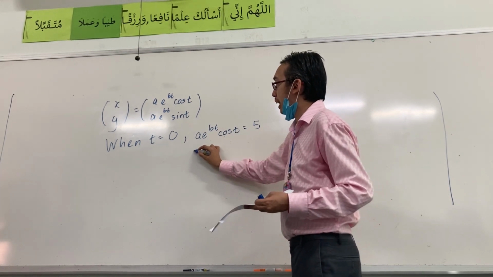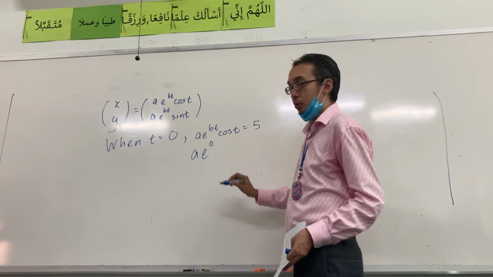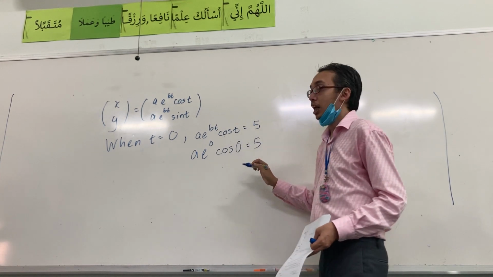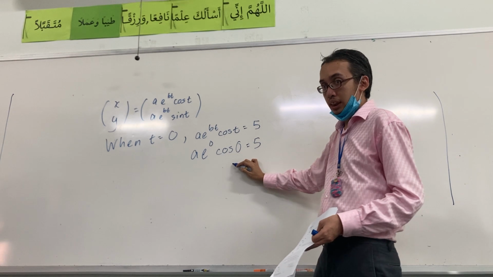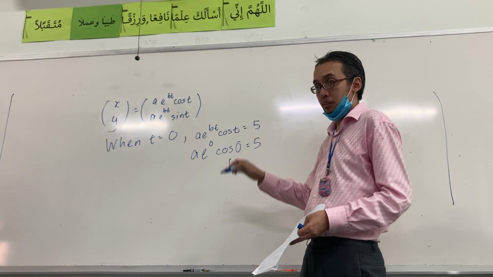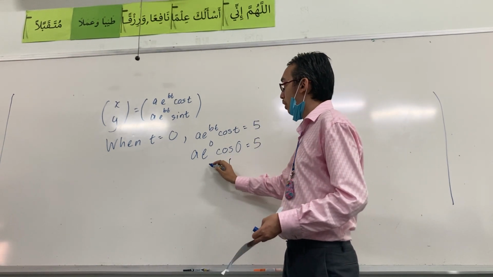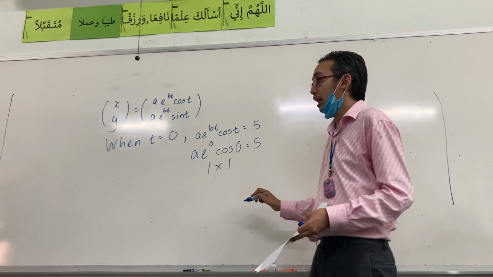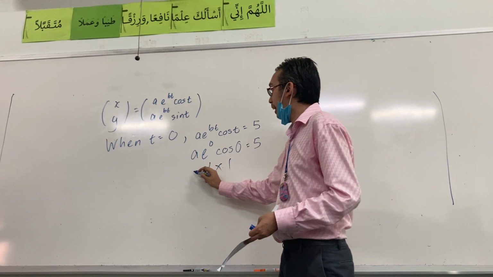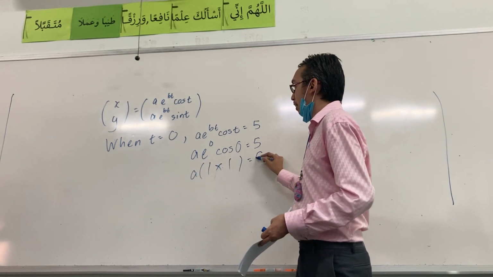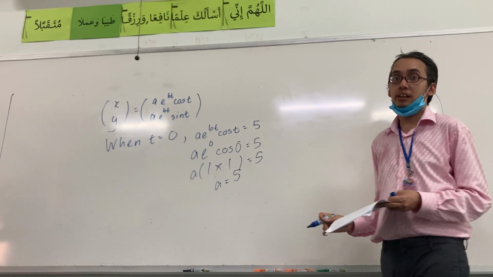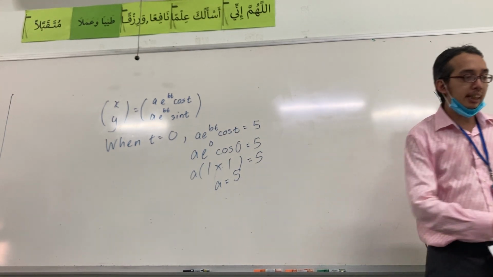So when we plug in, we get A e to the 0 cos 0 equals to 5. But cosine 0 is actually 1. Look at the graph, right? e to the 0 is 1. So it's 1 times 1, which is 1. And then A equals to 5. So that means A is just 5.